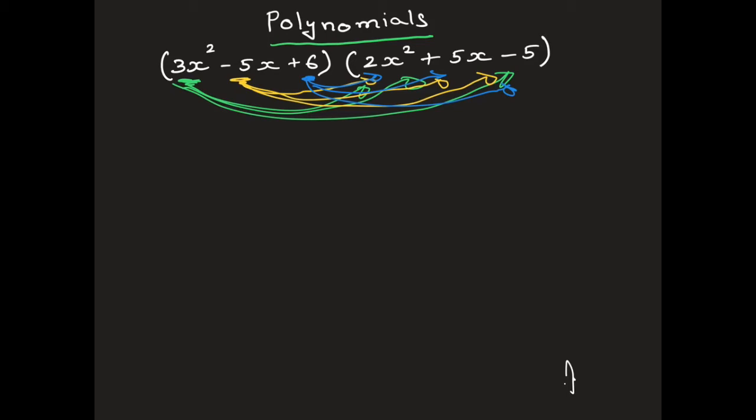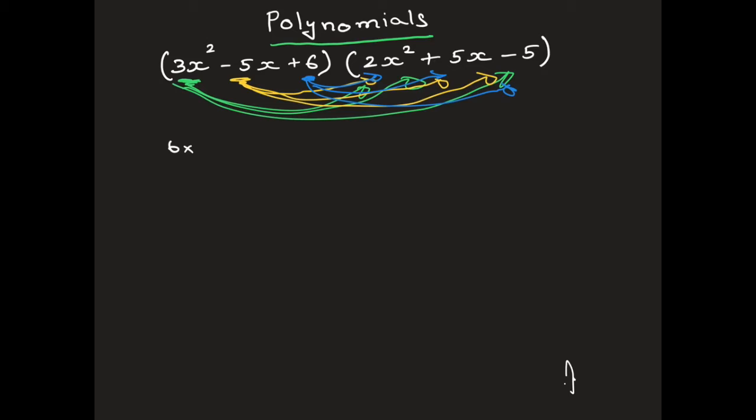So the first step to solving this is to take our first number, which is 3x squared. Now we have to take 3x squared and multiply it by every single number in the second parentheses. 3x squared times 2x squared is 2 times 3 is 6, so 6x. And when we're multiplying, if there's exponents, you have to add the exponents.